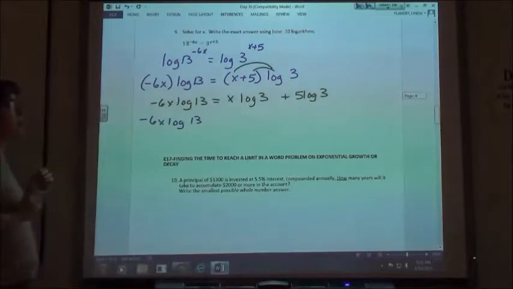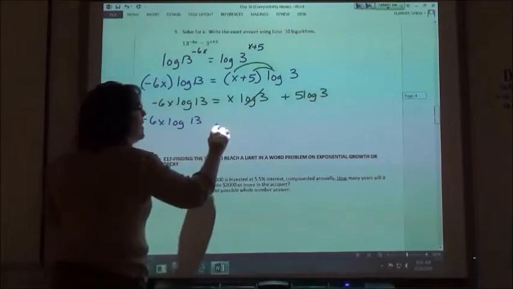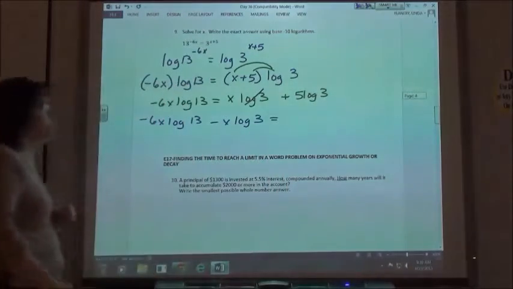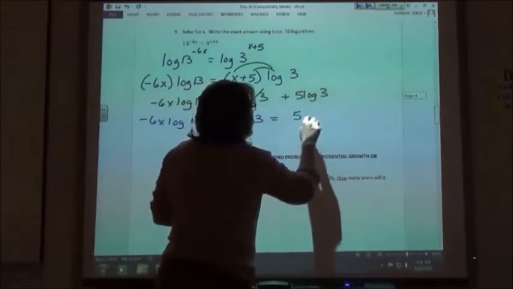Because we're leaving that where it is. And when we move our other one, we're going to have minus x log of 3, right? And the 5 log of 3 we don't have to move this time, so it's just going to stay 5 log of 3. Okay.